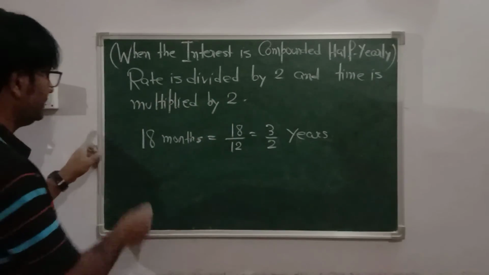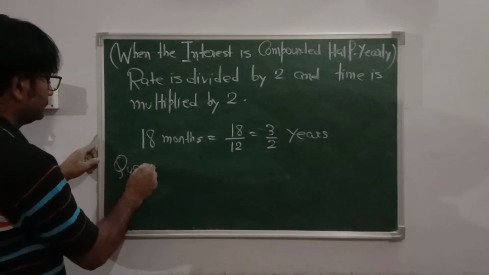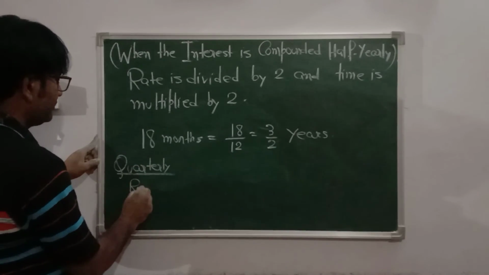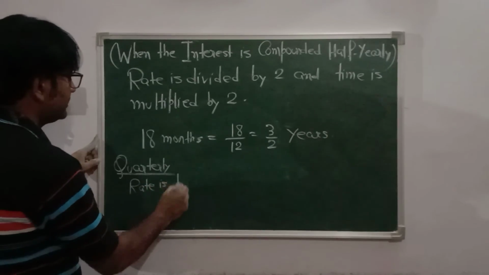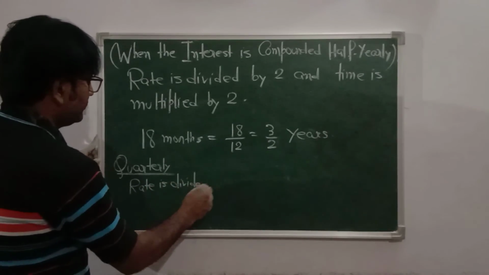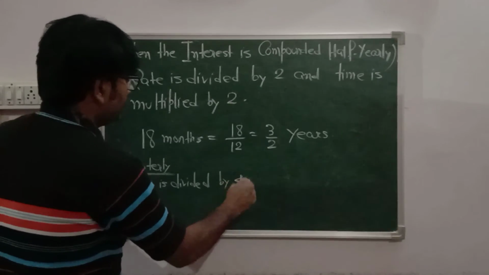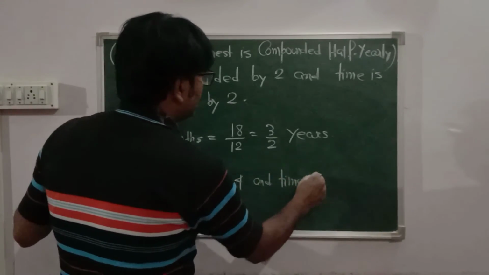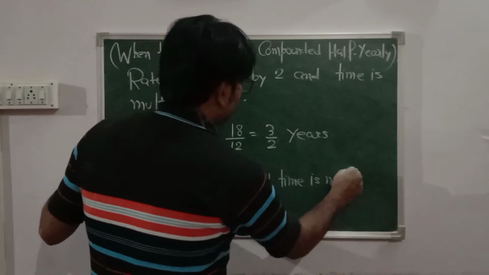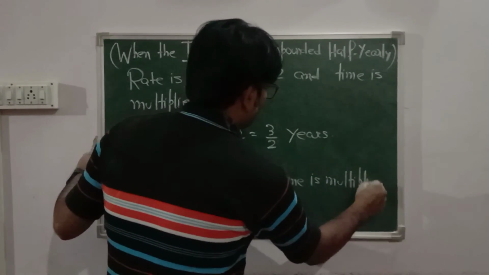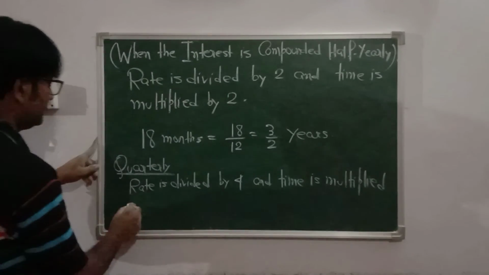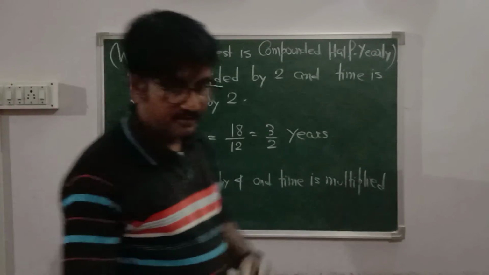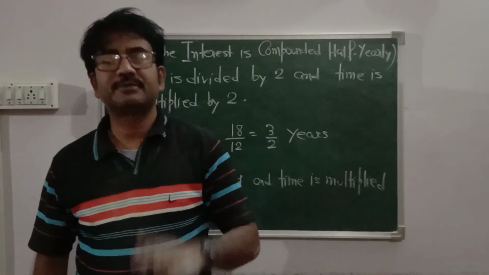If it is quarterly, then rate is divided by 4 and time is multiplied by 4. That means the conversion period will be 3 months each.